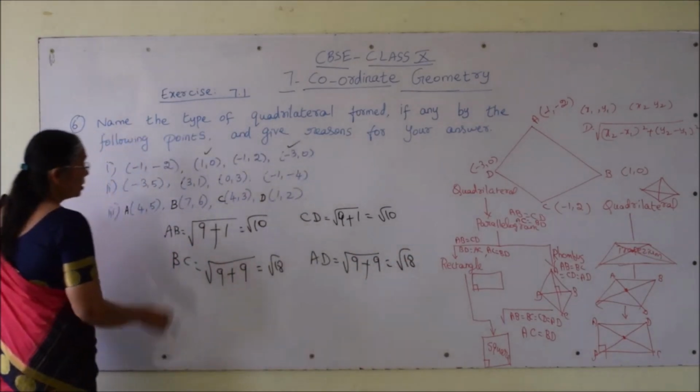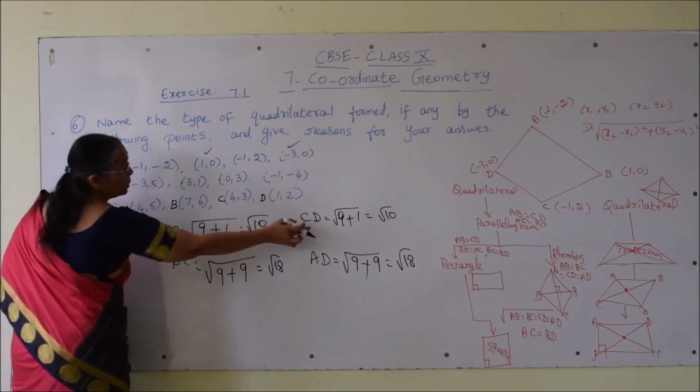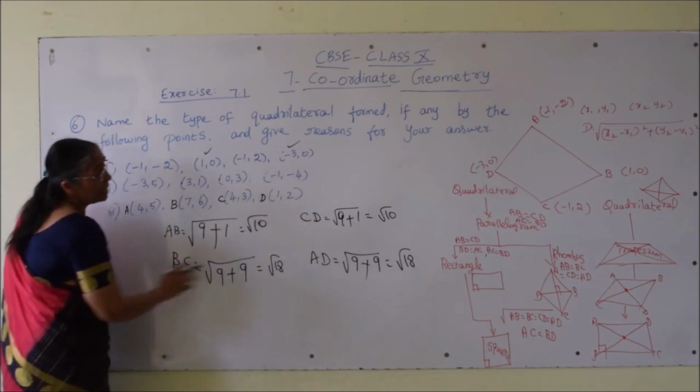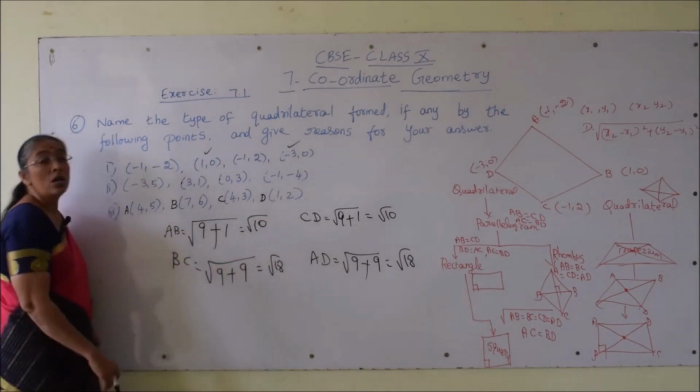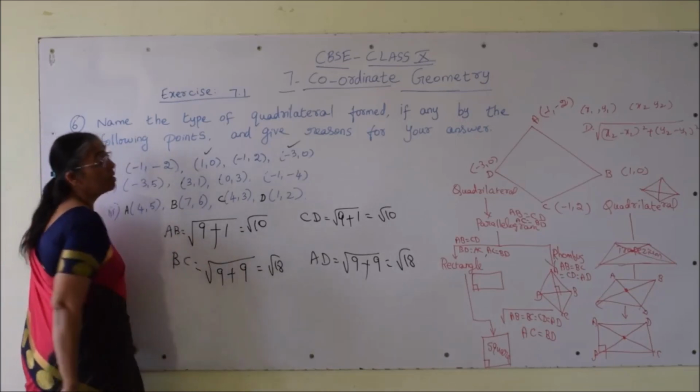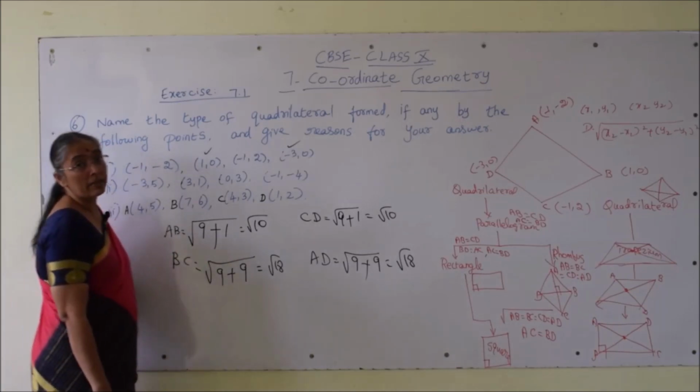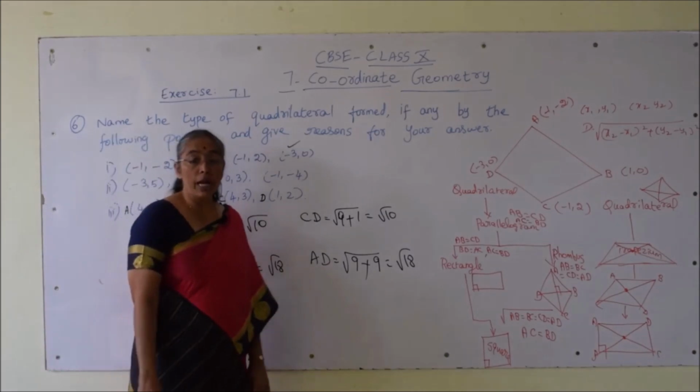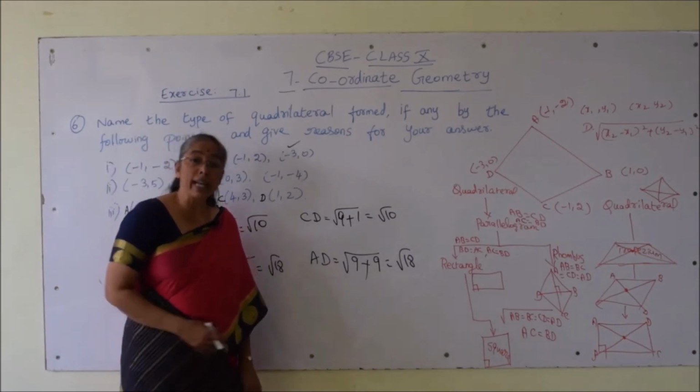So, we observed AB is equal to CD and BC is equal to AD. That means opposite sides are equal. So, if opposite sides are equal, it can be a parallelogram or even a rectangle.